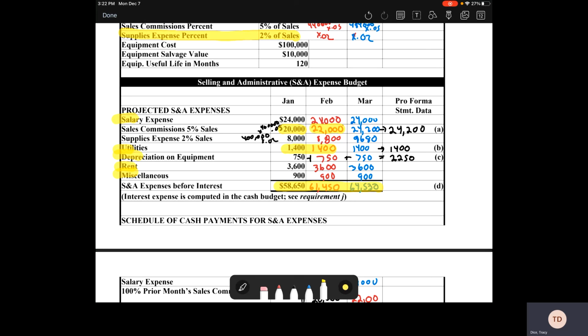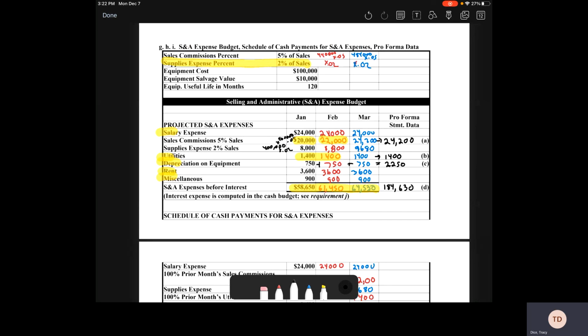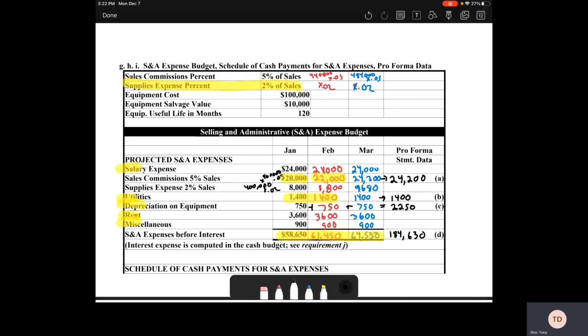Not talking about cash flow at this point. We're just talking about what expenses we incurred in January, February, and March. And when we add all of those up, we end up with $184,630. And that is how you create your selling and administrative expense budget and the schedule of cash payments for your selling and administrative expenses.